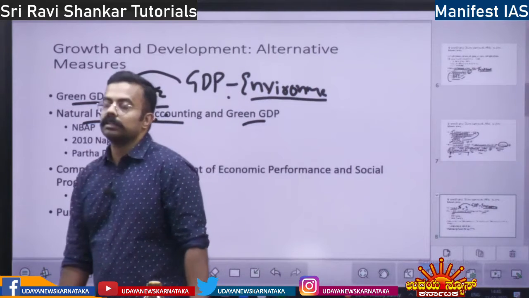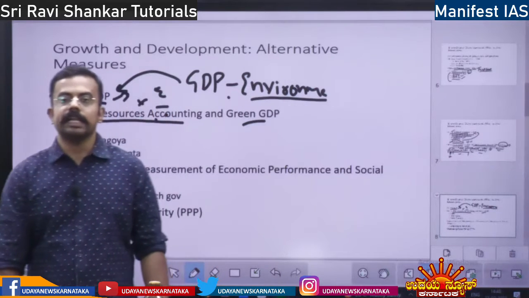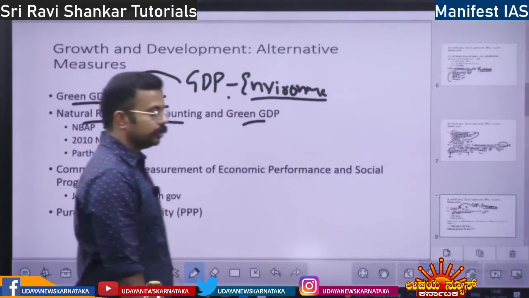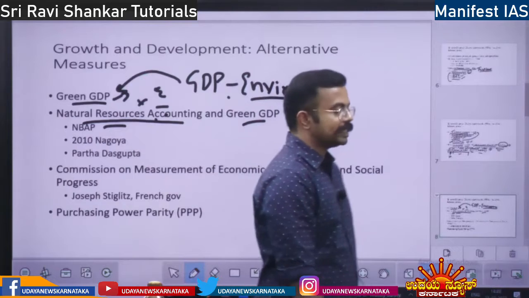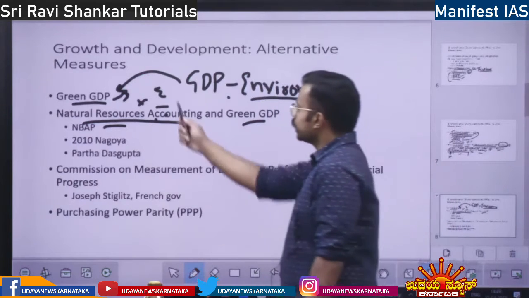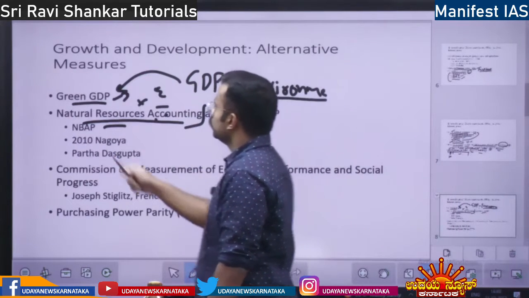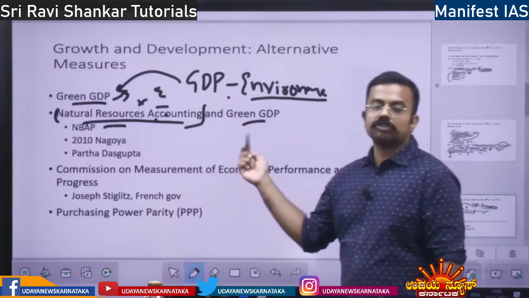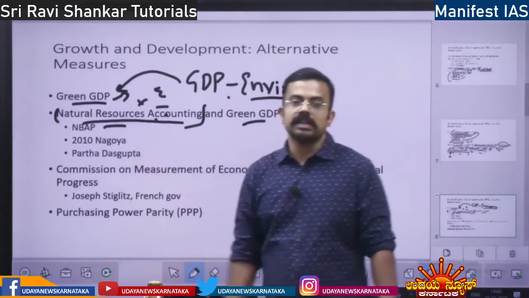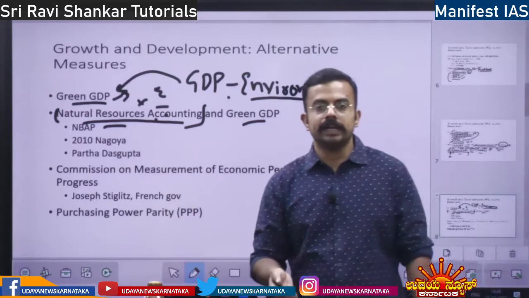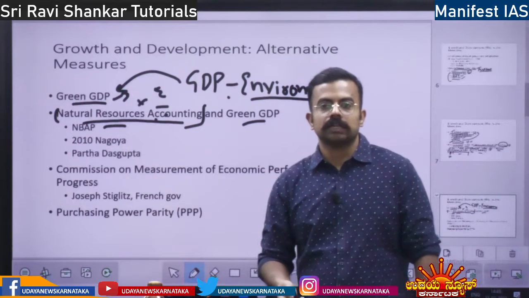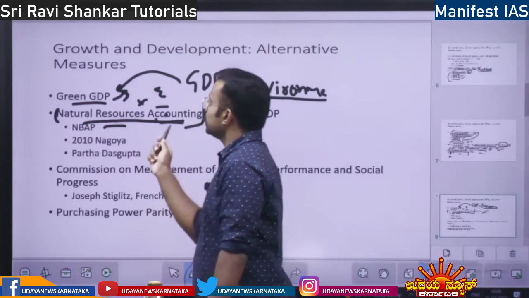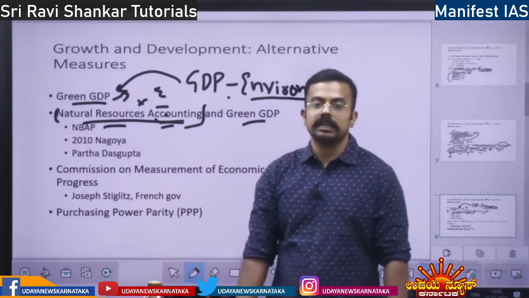Can we measure the greenery of the environment in terms of money? If all those things are measured, that is measured under natural resource accounting. Sunlight, wind, water, greenery, everything is measured under natural resources accounting, right?